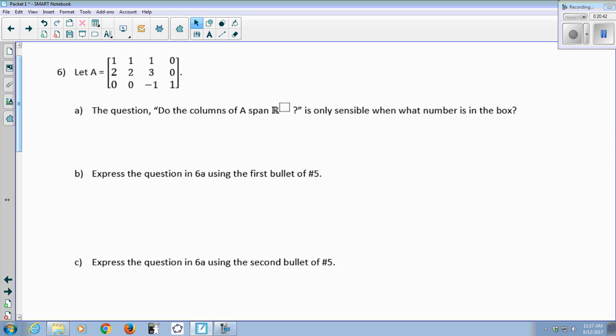No, it's not augmented. R3 or R4? R3, yeah. So if I write it out, I'm just going to take a linear combination of the columns of A. So I've got some unknown weight, and I put an unknown weight on each of my columns.